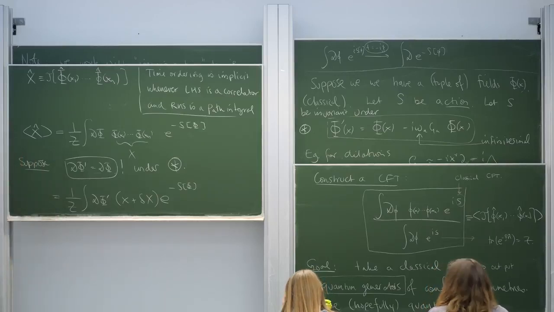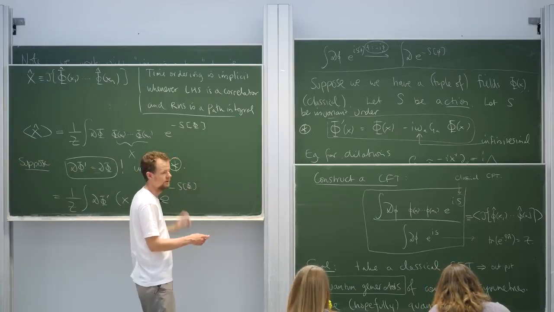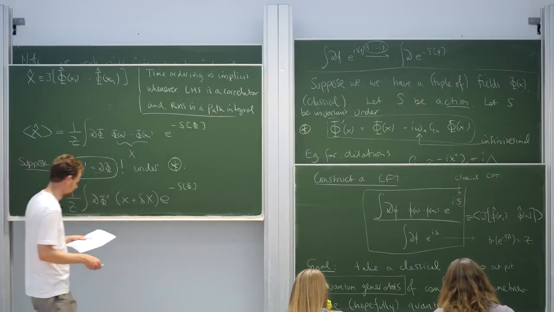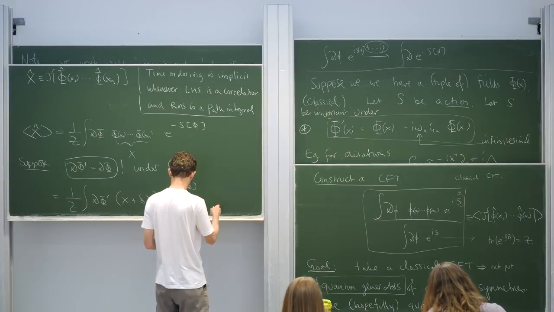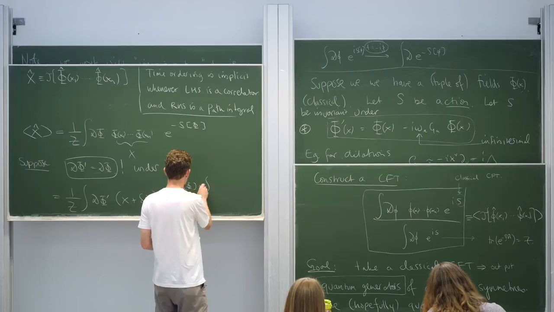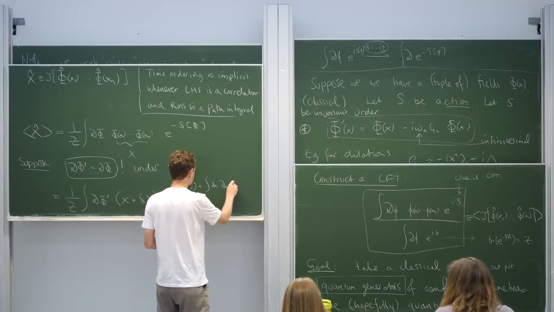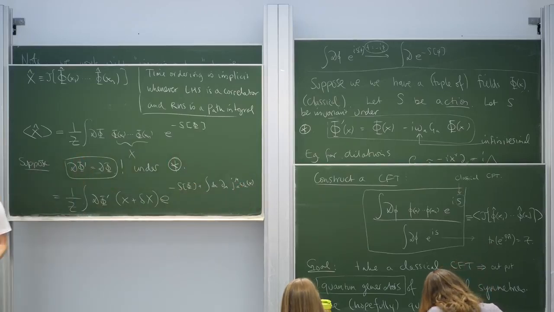A classical symmetry leaves the Lagrangian invariant up to a total derivative, sorry. There we go. So that's the result of doing an infinitesimal symmetry transformation.